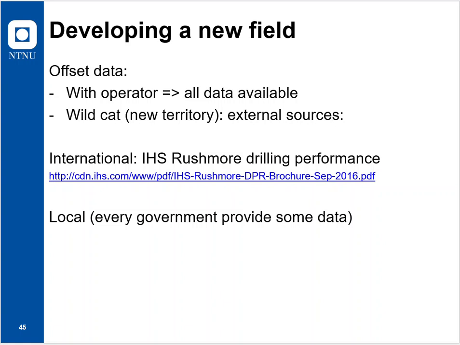So what we did was to go to what was called Rushmore before. It's called IHS now, and you can click on this link to find a brochure from them. At least that's what you could before. You can just search for IHS Rushmore on the internet, and you'll find what they do.